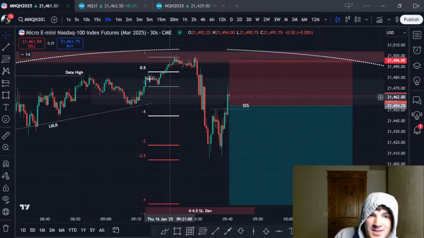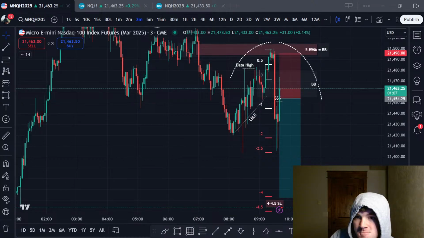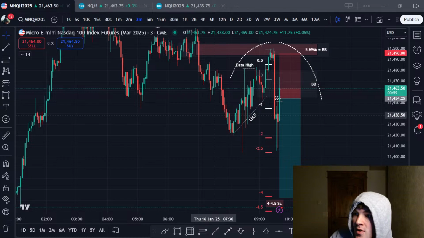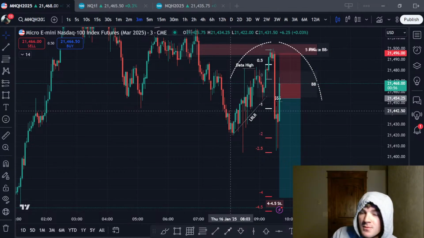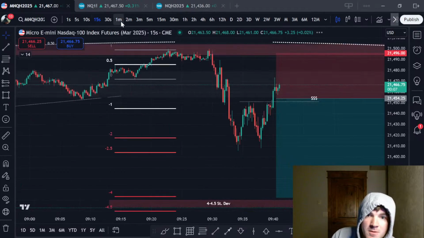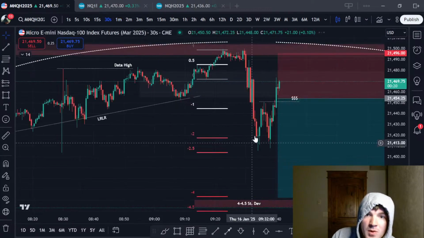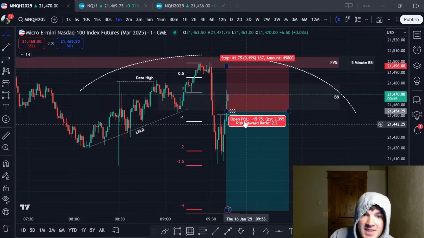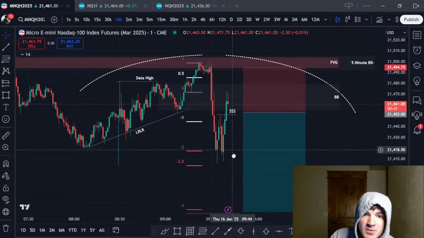Let's check time levels. That could be a nice confluence. Okay, we're above the 8:30 open, so we're in premium. I think the move is if we inverse this 1 minute.